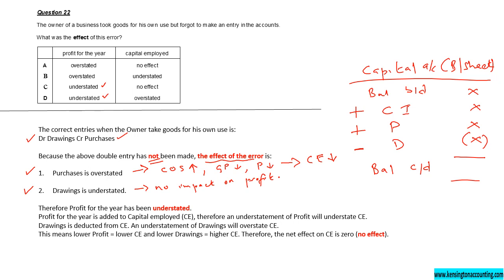Now, when drawings is understated, and drawings is a deduction in the capital account, the impact is that the closing balance will be overstated. So an understatement in drawings will overstate capital employed. So the first item understates capital employed, and the second item overstates capital employed. Therefore, the net effect is nil.